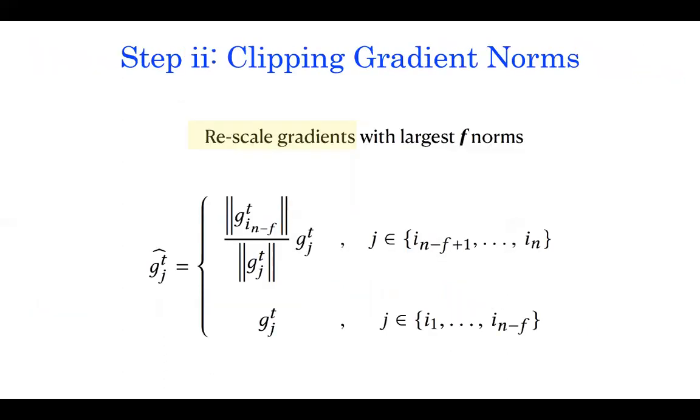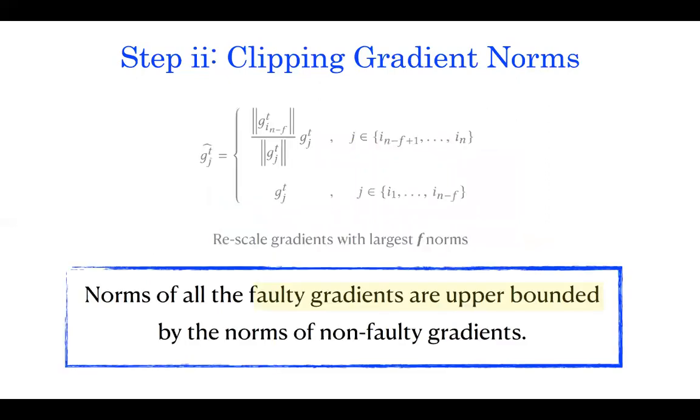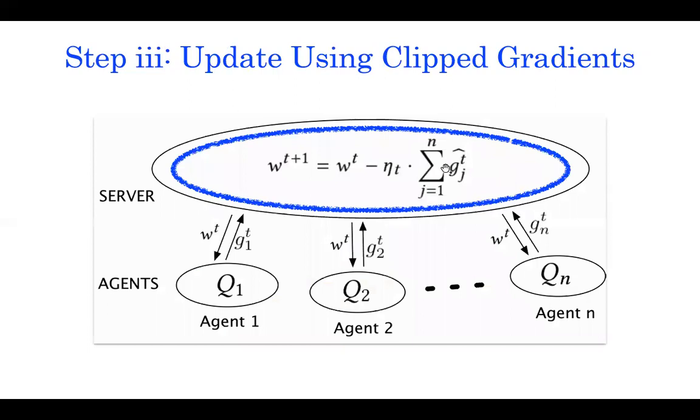Upon doing that, the server rescales the gradients that have the largest F norms. F, recall, is the maximum number of Byzantine faulty agents in the system. So as shown here, you rescale the magnitude of these larger gradients. And once you have done that, you aggregate these rescaled gradients, as the tilde sign shown here.